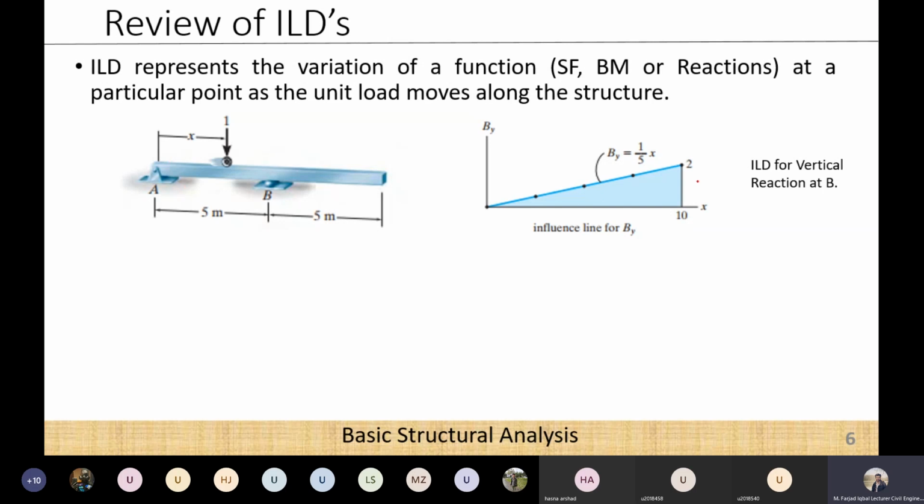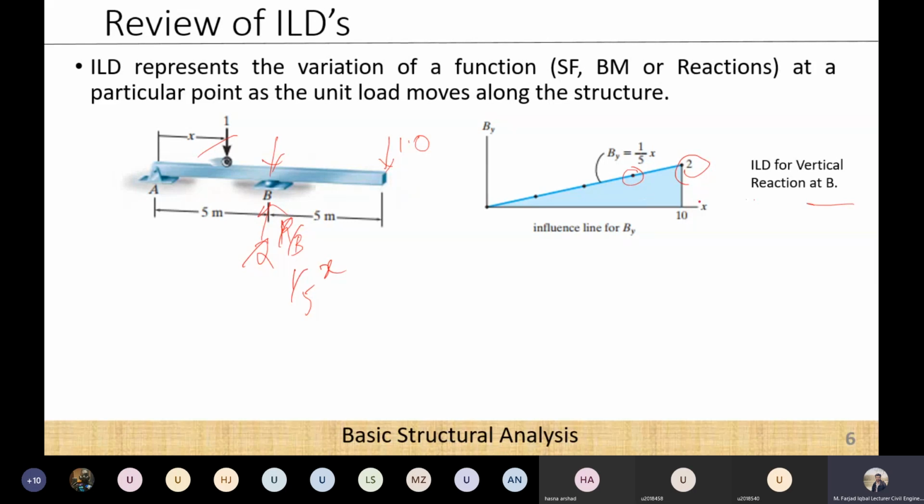For example, this diagram is for the vertical reaction at support B. So I will place the unit load, let's say first at this point, and I will calculate the reaction RB, and then I will plot it on the graph. So this value of 2 means that when my load is at this point, the reaction value is 2. And similarly, when the load is, let's say, at this point, the value of reaction is 1 over 5x or whatever is the value.